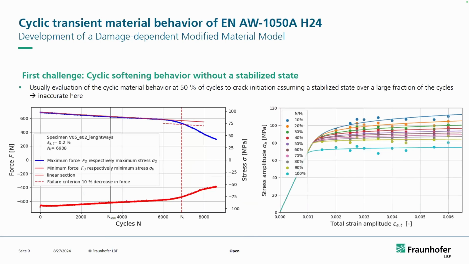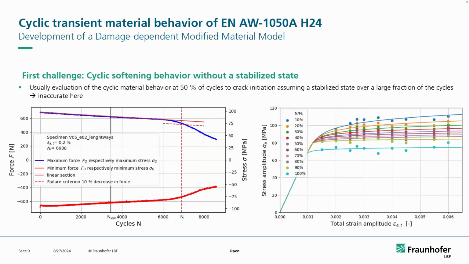The first, and probably the most important, is that the cyclic softening behavior does not have a stabilizing state. So usually you would have a stabilizing state here. Here you can see that it's not stabilizing, but more like a linear section that doesn't stabilize at all.